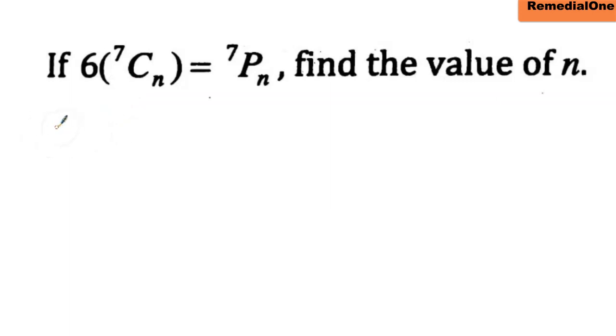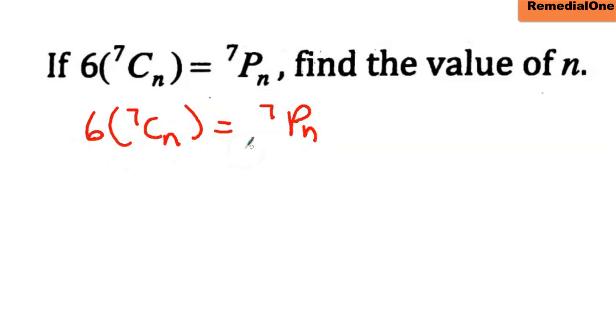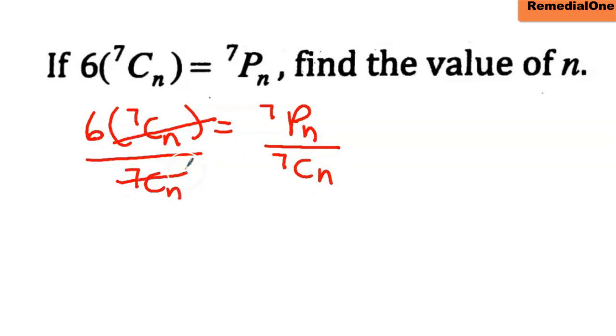First of all, we can divide both sides by 7Cn, so this will cancel that.